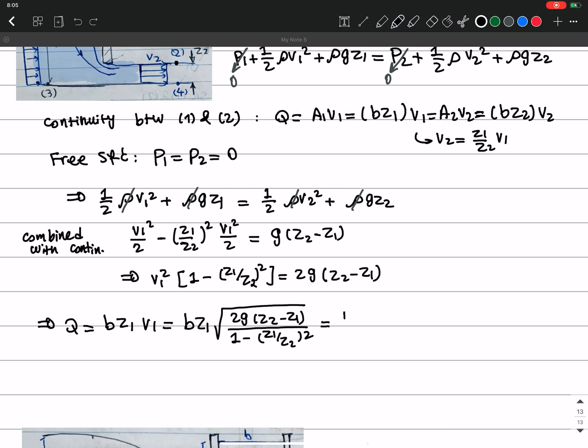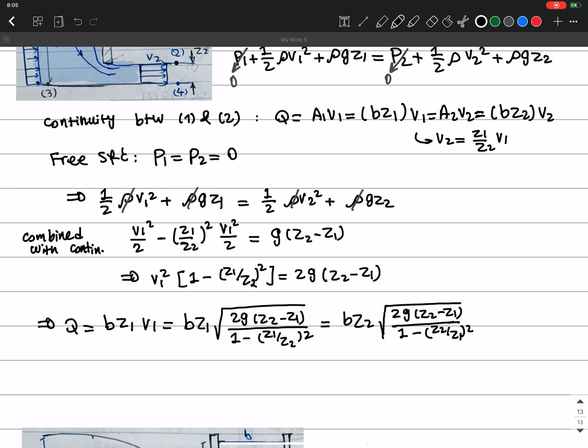And if you again calculate that, for V2, which is Z1 over Z2 times V1, you're going to get this formula: B Z2 times the square root of 2g Z2 minus Z1 over 1 minus Z2 over Z1 square. Okay?